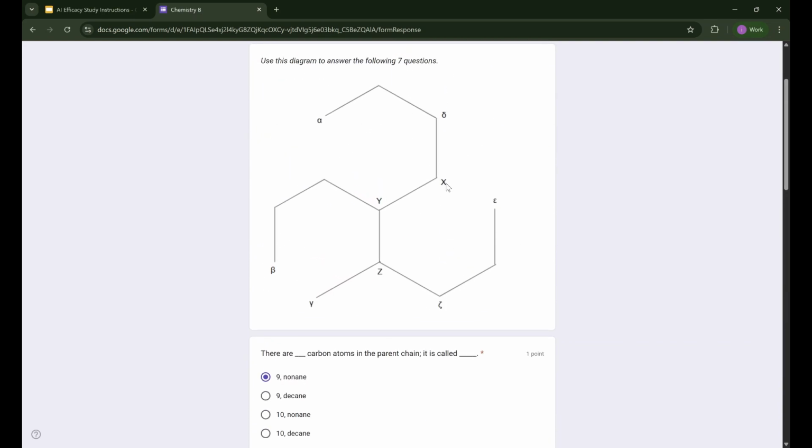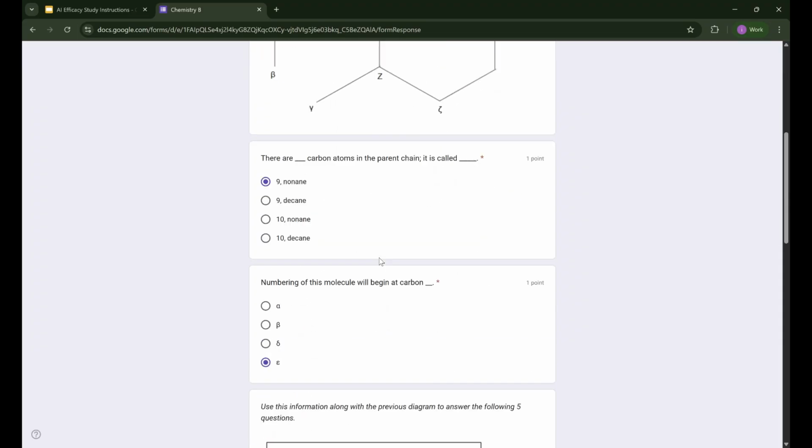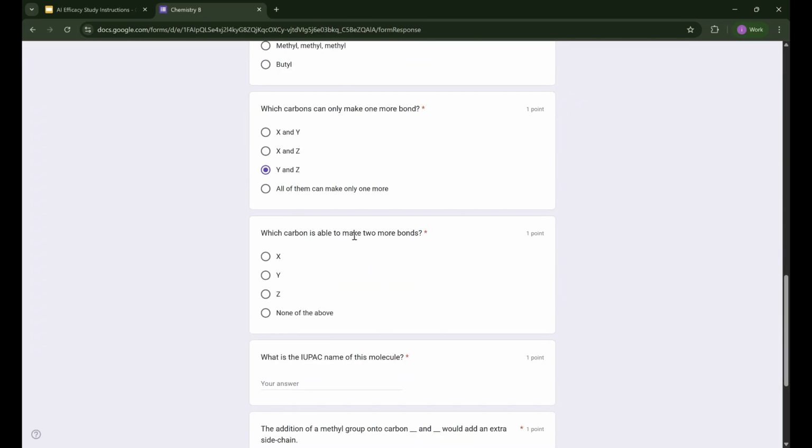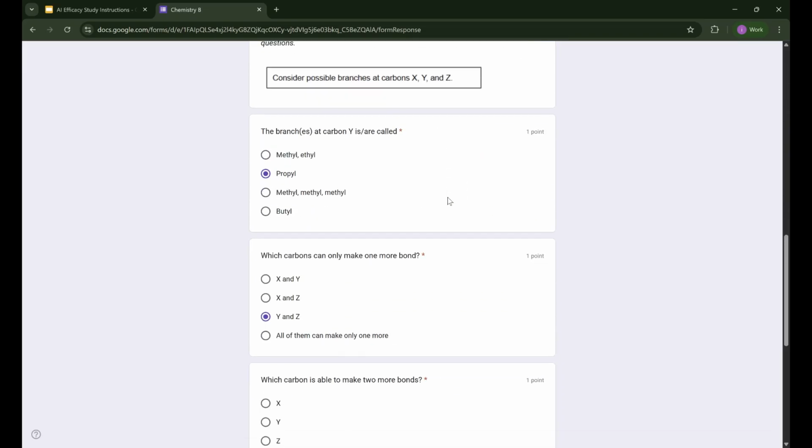Yeah, so I think that would be X, this one, and this one, but they're not labeled. Oh, okay, so they only give these options. Yeah, and it's not Y and Z. It's gotta be X.